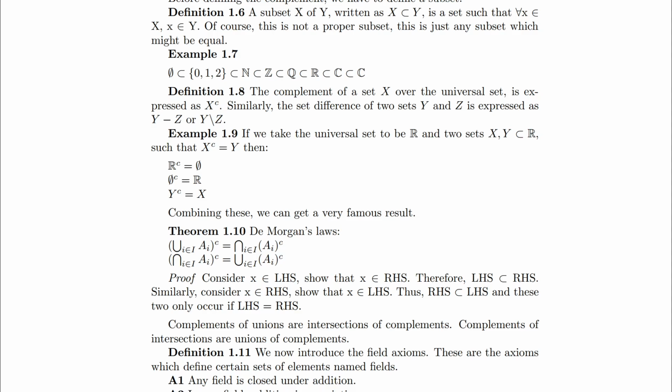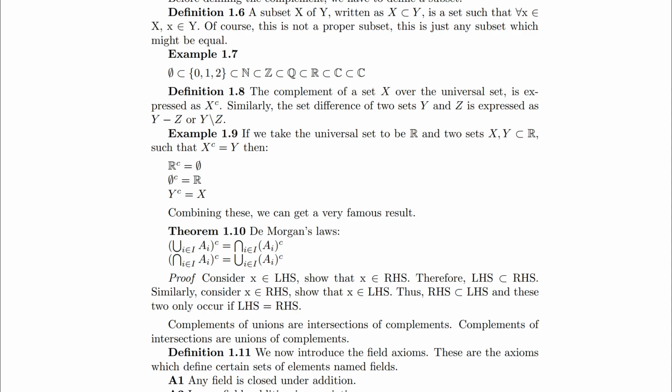The complement of a set X over the universal set, which could be any set in fact, is expressed as X^C. Similarly, the set difference of two sets, Y and Z, is expressed as shown. There are two possibilities. I generally prefer using the second one.